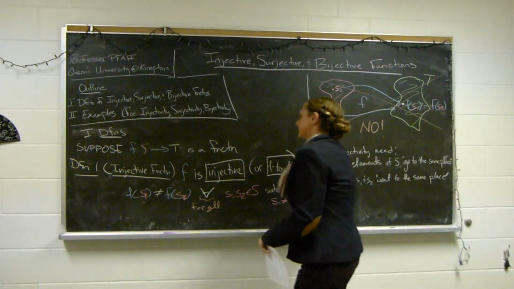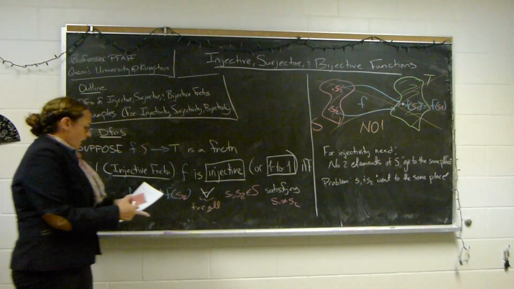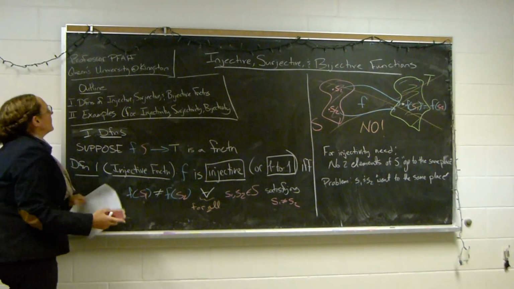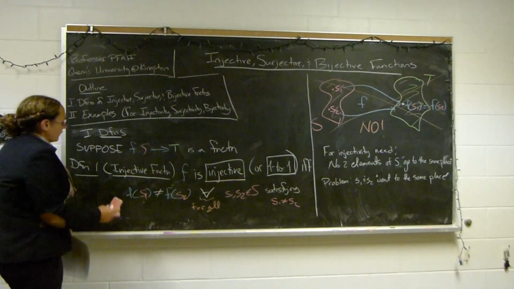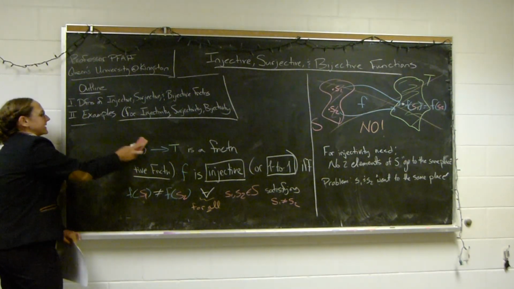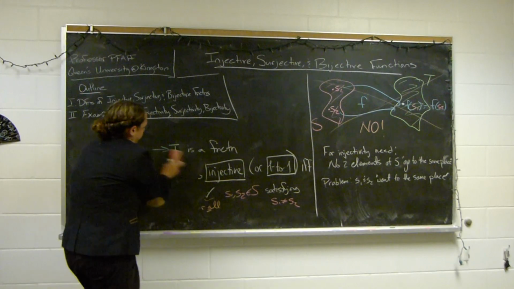It's a funny way to write this, like a no definition. We can turn this around, and the way that we're going to turn it around is going to make it much more useful for proving that something satisfies injectivity.